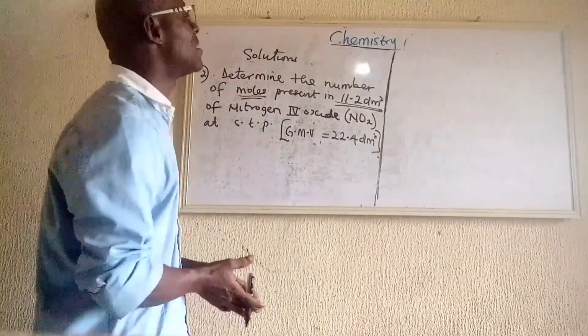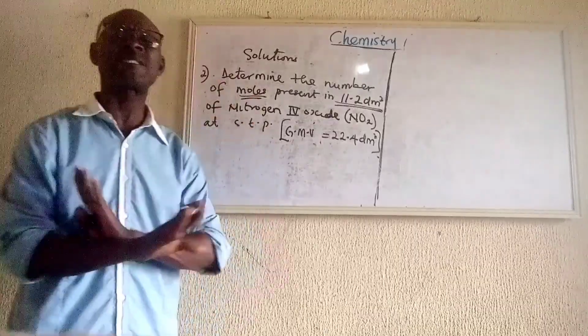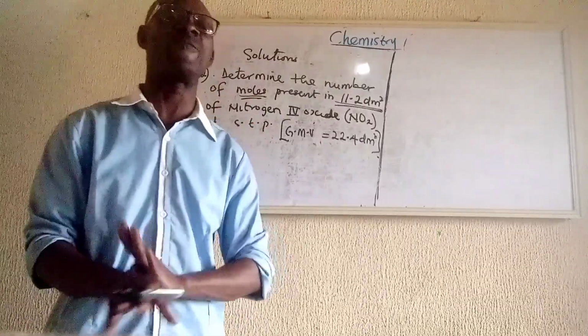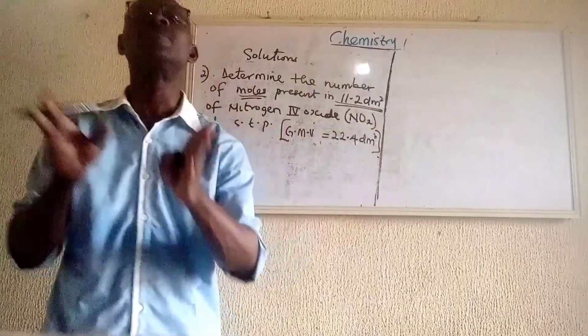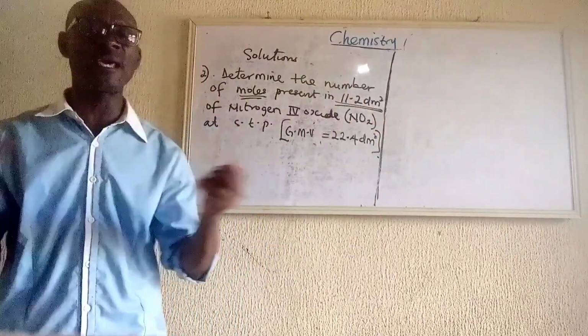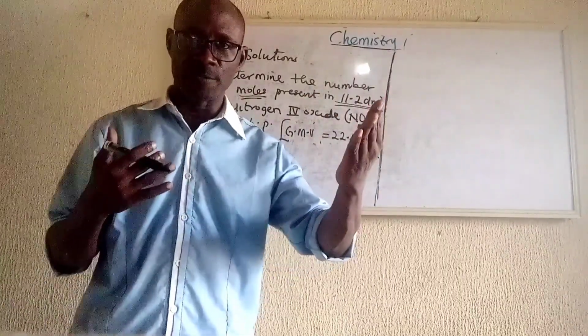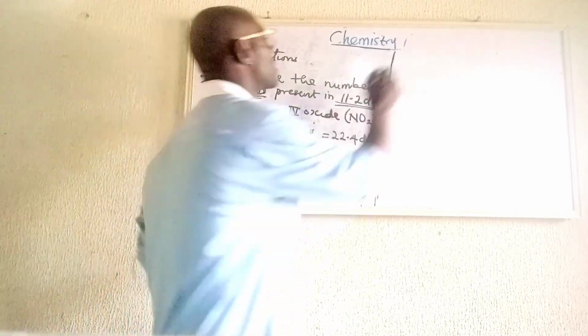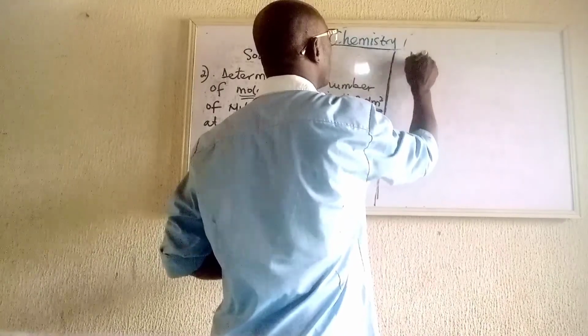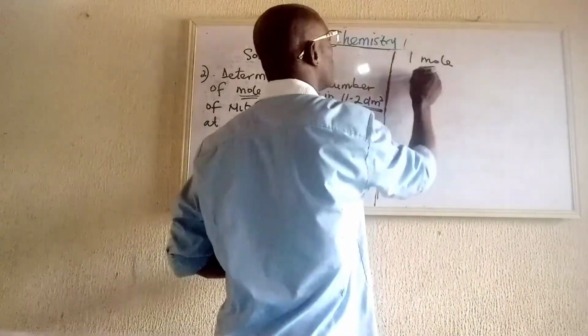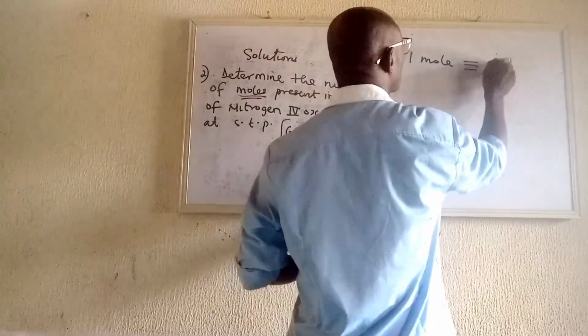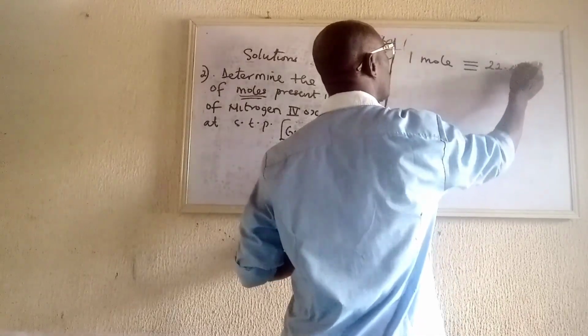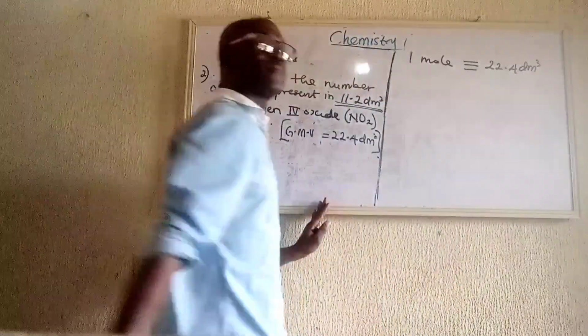All right. So first and foremost, the first thing you should do in cases involving mole and molar volume is to relate 1 mole to the molar volume. First step. 1 mole is equivalent to 22.4 dm³.